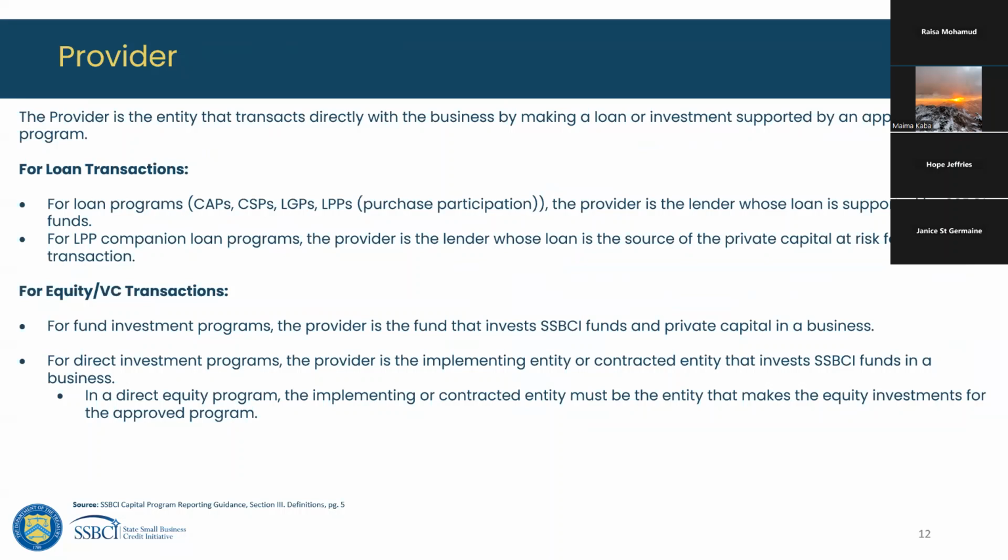Also, as an important reminder, the implementing or contracted entity in these direct investment programs must be the entity to make the equity investments for the approved program. So they should be the provider. And for hybrid programs, the provider is going to be based off the type of hybrid program. So if it's a direct hybrid program, it'll follow the definitions for direct. And if it's a funds hybrid program, it'll follow the definition for funds.